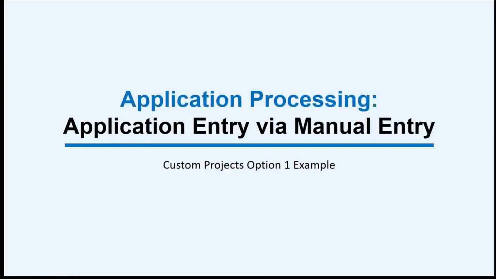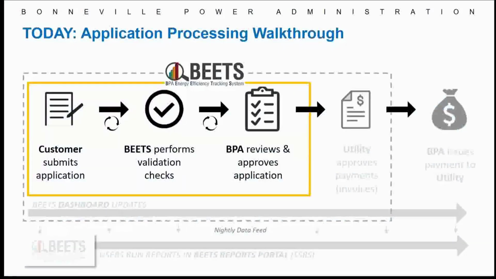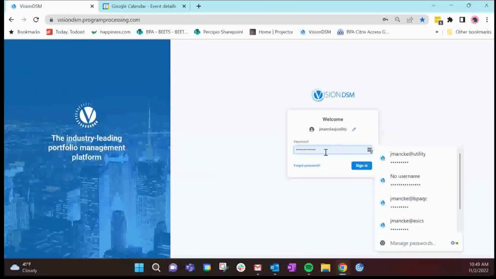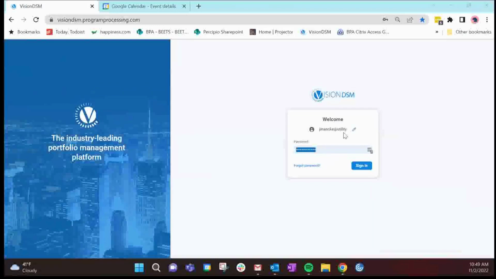Okay, I will take over, Melissa. And luckily, I can access Vision outside of BPA's firewall, so we should be able to do this. Okay, so this is a login. It's called Vision DSM, as I think Melissa had stated before. It's the off-the-shelf software that BEETS has custom development and configuration on.